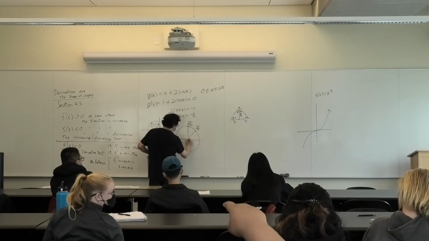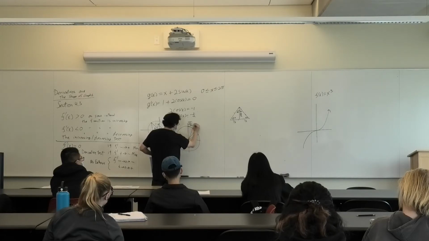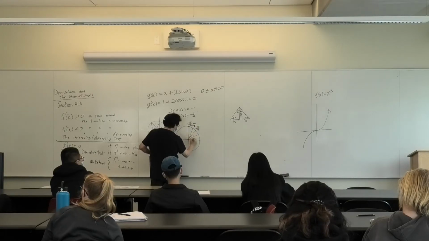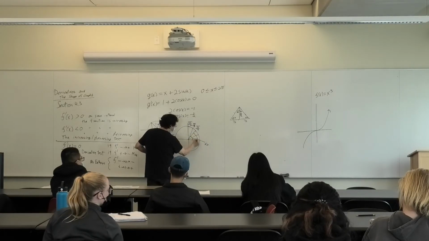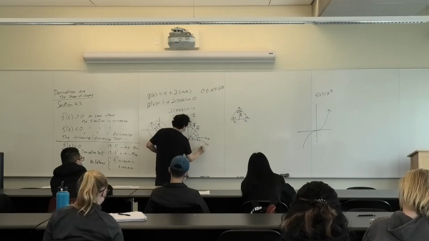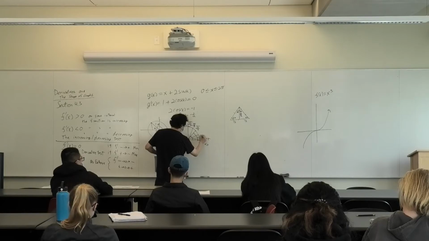That's pi over 3, and then it's pi over 4, and then it's pi over 6. Pi over 3 will be here. That's a 60-degree angle, right? This is a 45.